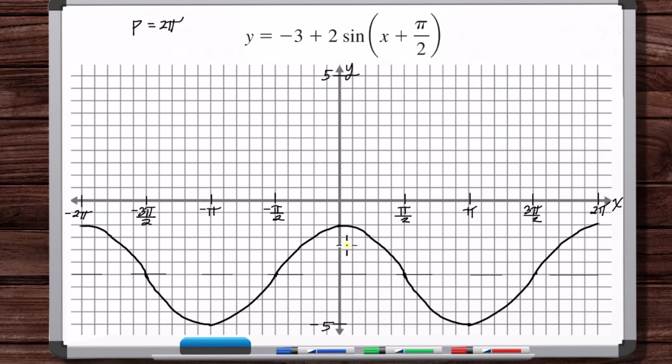So we've got this phase shift here, so the 2 sine of x has been phase shifted this amount and has been shifted down this amount, just -3. That's what's happened to 2 sine x.